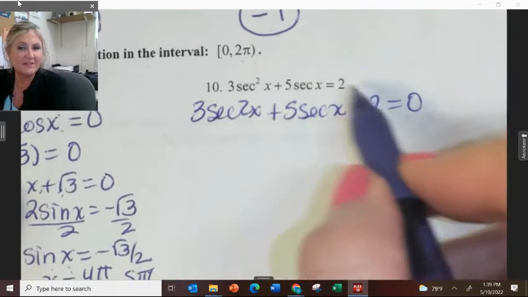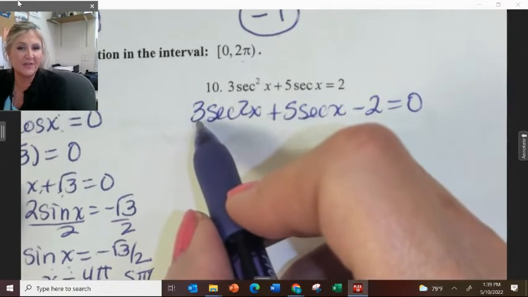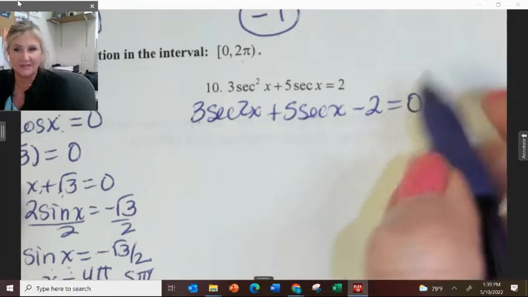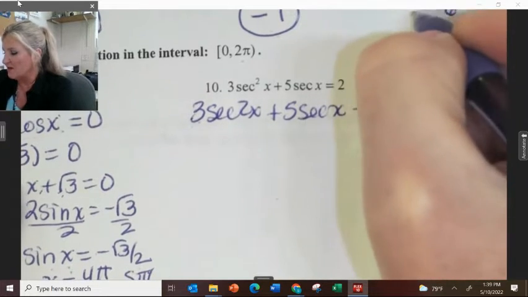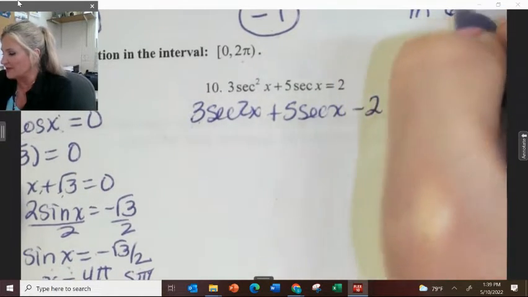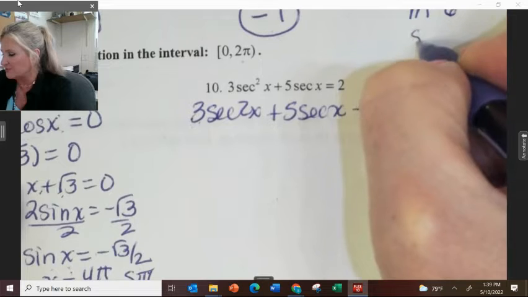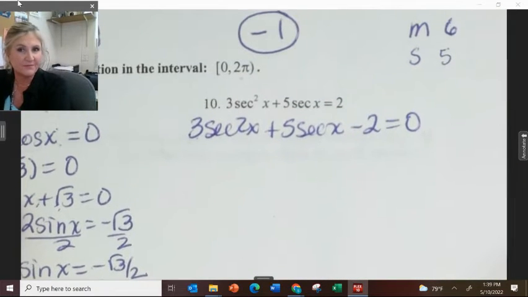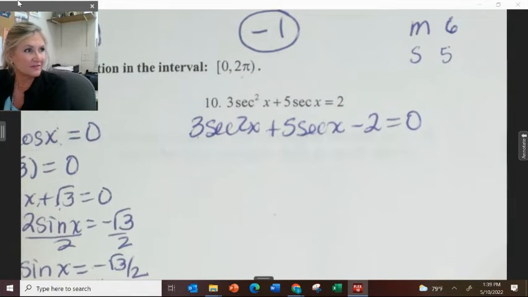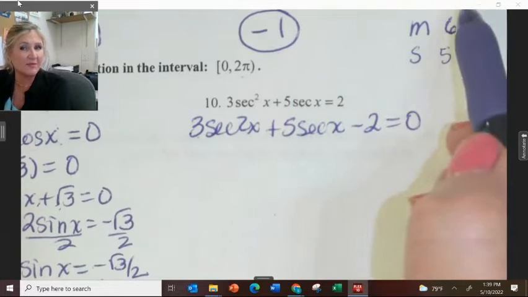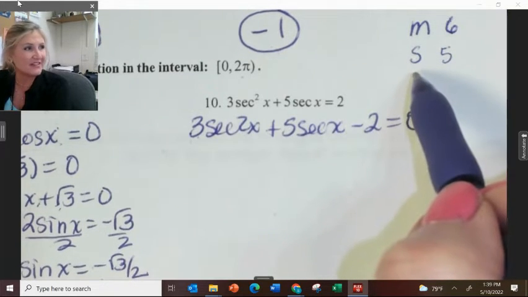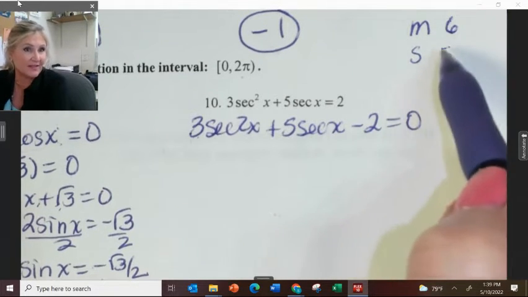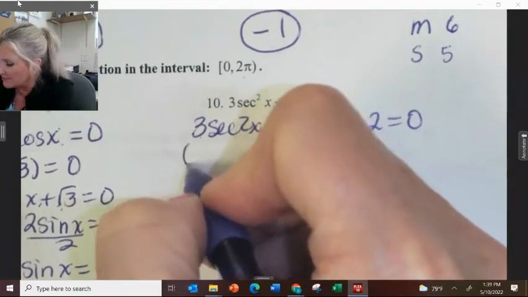Now, I'm going to see if this can be factored. Here's what I do. I multiply the first and the last number, and I get 6. Are there numbers that multiply to be 6 that would subtract to give us 5? 6 and 1, right? There are numbers. So as long as that happens, that means it can be factored.